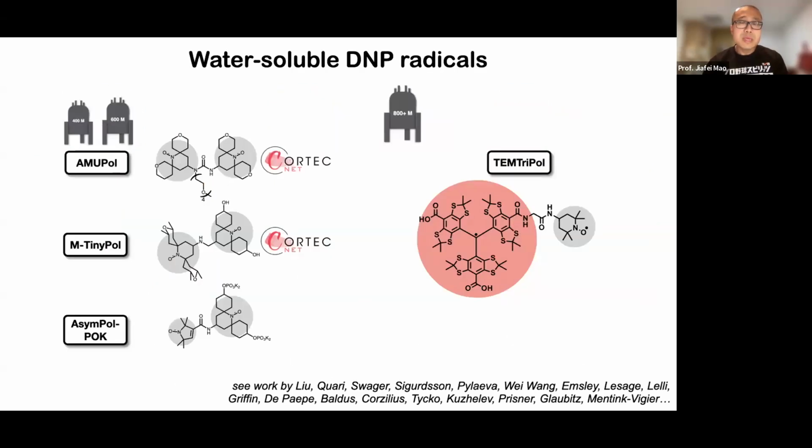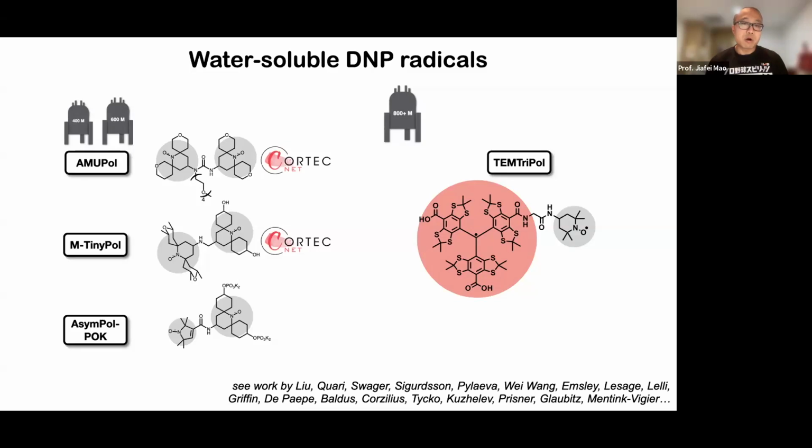So now if you decide which spectrometer you want to go to, you of course know the magnetic field. And that will help you to decide which type of DNP radical you want to choose. So if you stay at 400 megahertz or intermediate field, I would say 600 megahertz like we have in Beijing, and for, of course, biological applications, you often need water-soluble radicals.